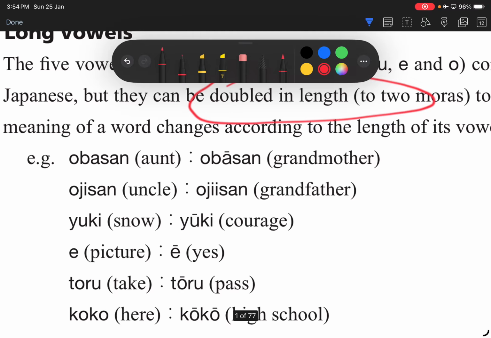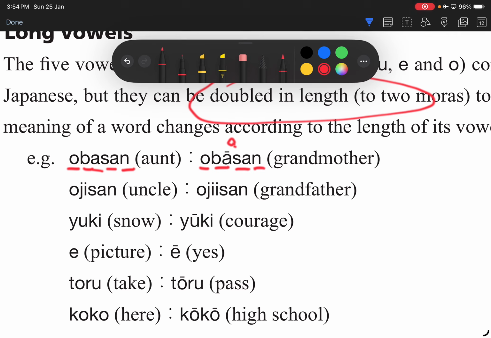For example, Oba-san simply means aunt. How to pronounce this? Oba-san. Then on the right side, we have Obaa-san, there's an extra A. The difference between this and this is that this one has a roof over it.